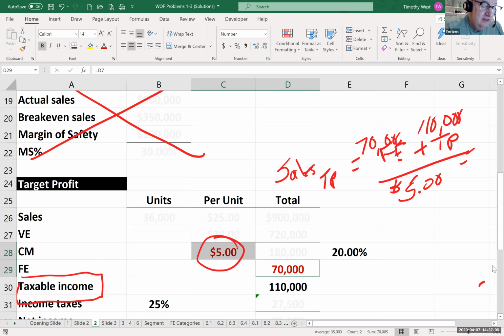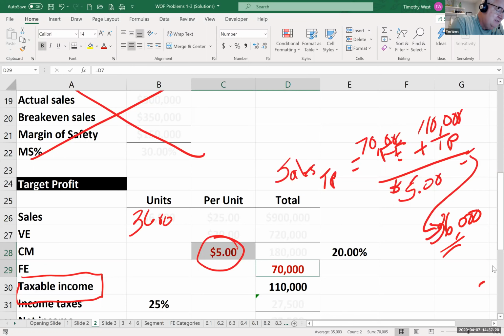She knows then that the volume has to be 36,000. So if I put the 36,000 in here, and I know this is 25 because I knew it up above, my sales have to be 900,000 to get there.